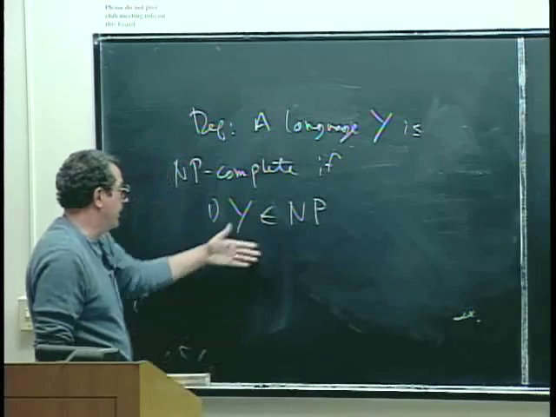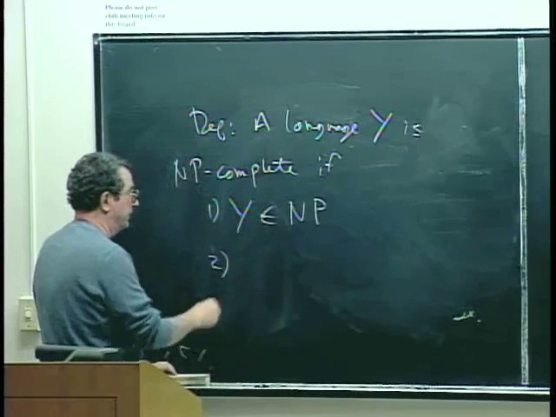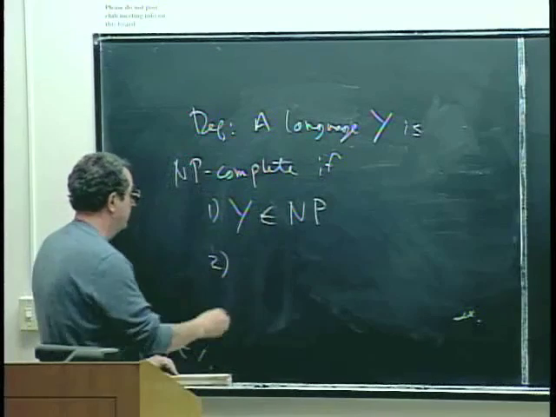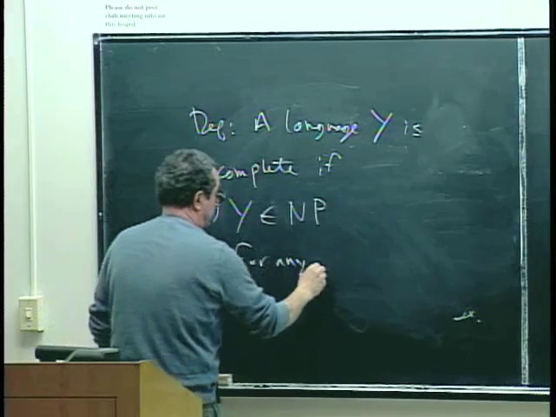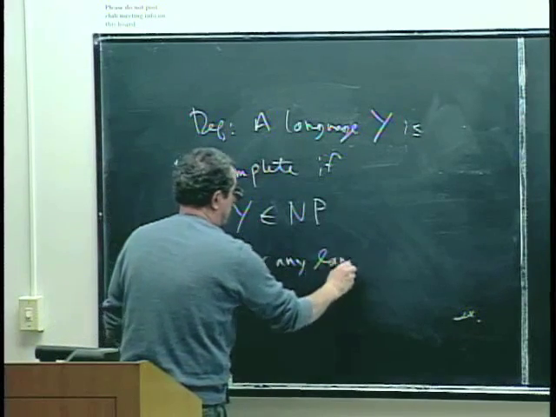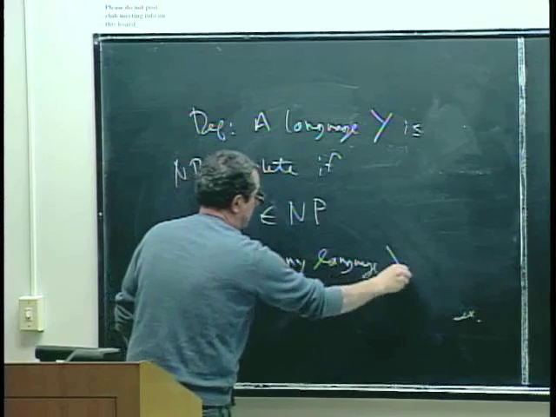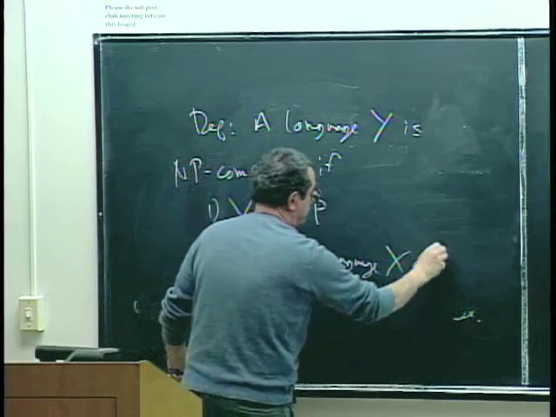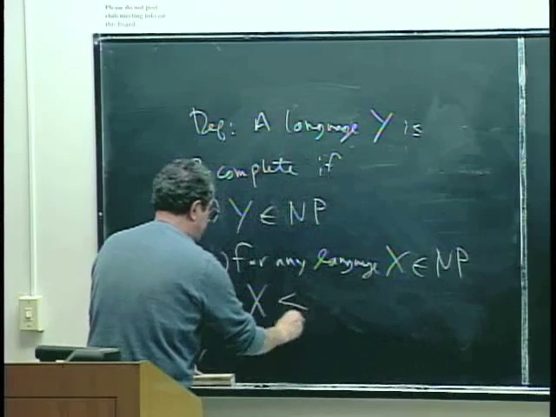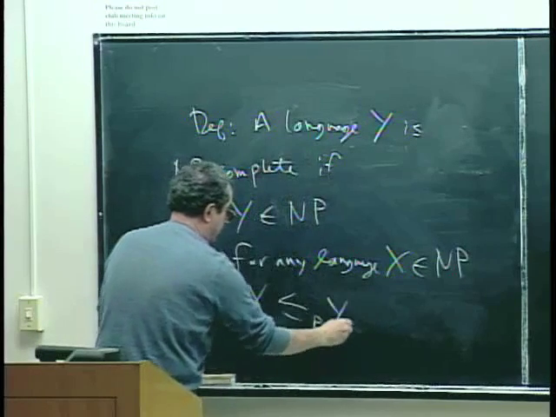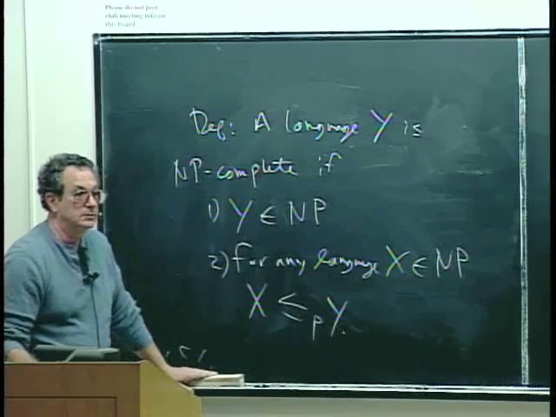So it has to be in NP. That's a rather trivial thing. And two, for any language X that's also in NP, X reduces in polynomial time to Y.